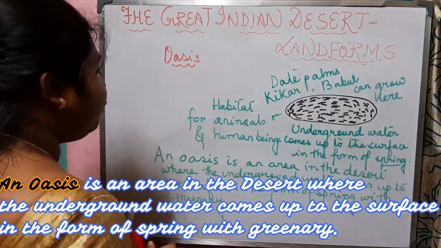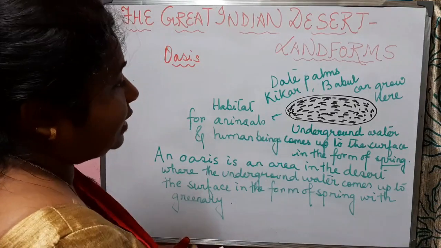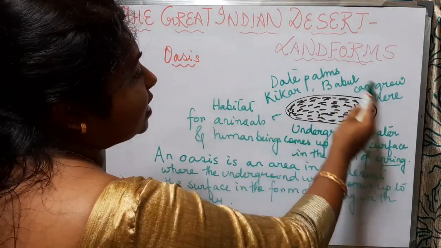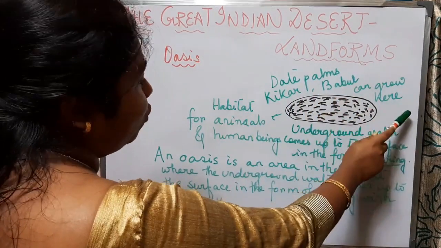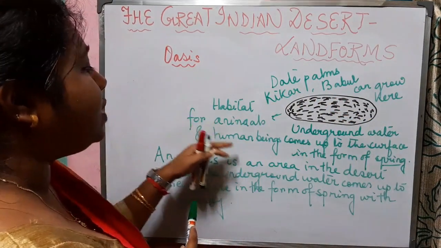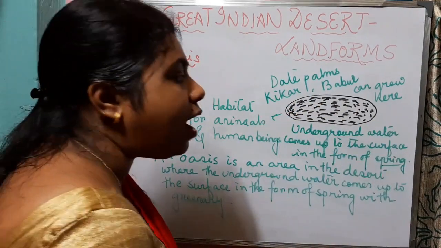This is referred to as an oasis. So this is an oasis, and the oasis makes the region so fertile that plants like date palm, kikar, babool can grow. Also it provides habitat for animals and human beings. That means human settlements are also formed around the oasis.